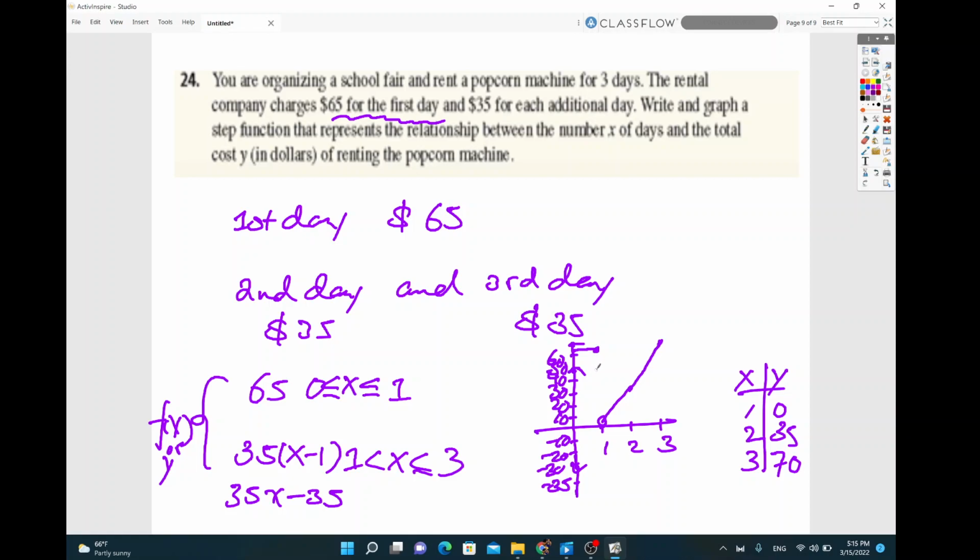Well, from 0 to 70, actually, that's the range. So just watch out for things like this. So x, the number of days, is from 0 to 3, and for the range, at this position it's supposed to be an open circle, because if you don't rent it, you don't have to pay for anything. So 0 all the way to 70.